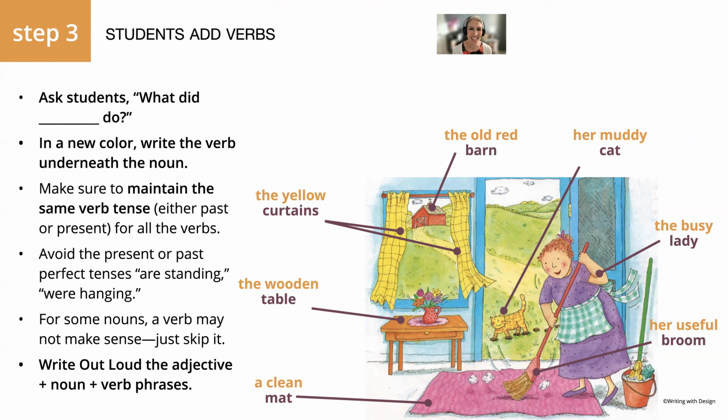So you'll see that I've switched colors and now we're adding our verbs to all of our adjective and noun combos, almost all. Didn't do one for the mat, although we certainly could add one, but just to demonstrate that you don't have to have a verb for every single one.